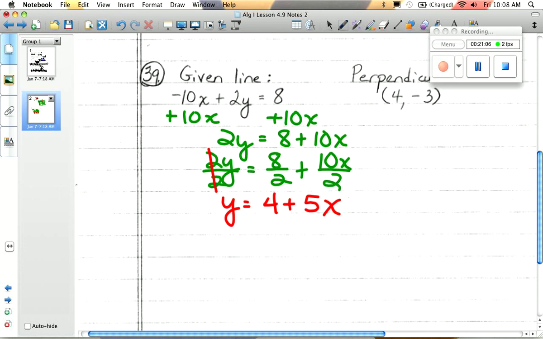Right? Isn't that what we need? Okay, so what's the slope of this line? 5. m equals 5.